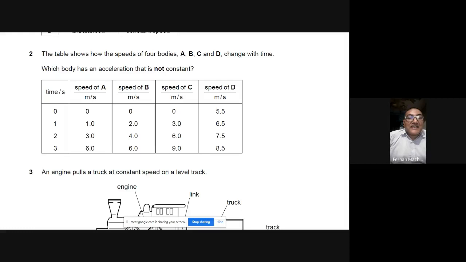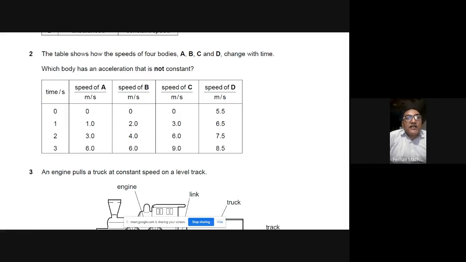with a constant acceleration? So acceleration is basically change in velocity divided by time. So a body which will have unequal changes in velocity in equal intervals of time will not have constant acceleration. If you look at the change in velocity for body A, in the first second its velocity changes from 0 to 1, so a change of 1 meter per second.